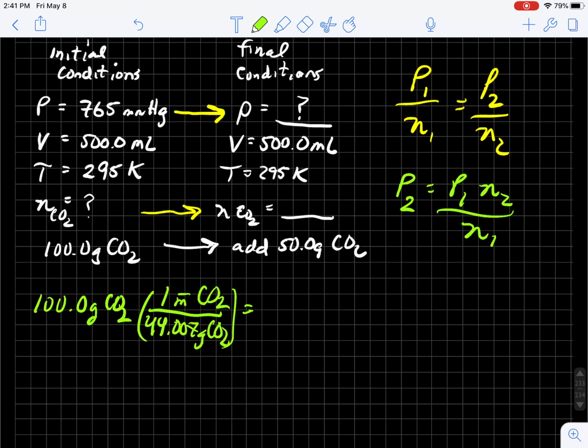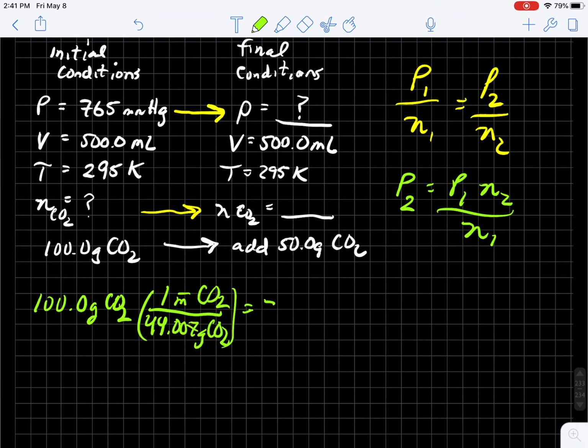So we have 100 divided by 44.007, and we get 2.272 moles of carbon dioxide, to 4 sig figs. And then when we change the conditions, we're adding another 50 grams. So that's going to be 150 grams total.